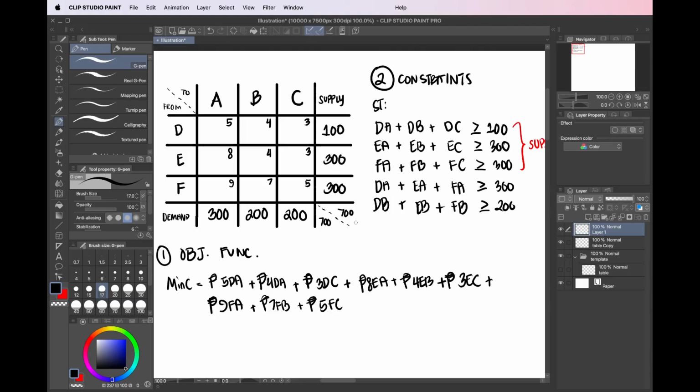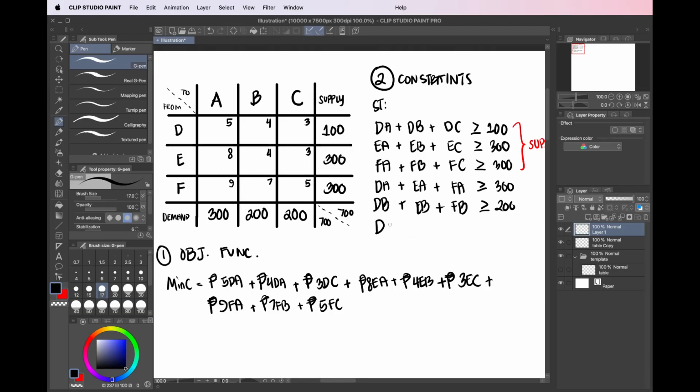Then for the last column, because we're now here, make sure you don't get sidetracked.